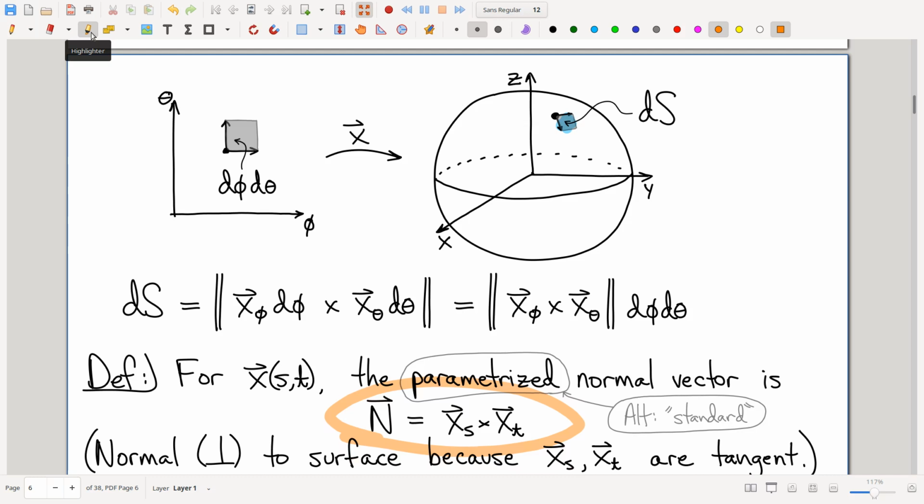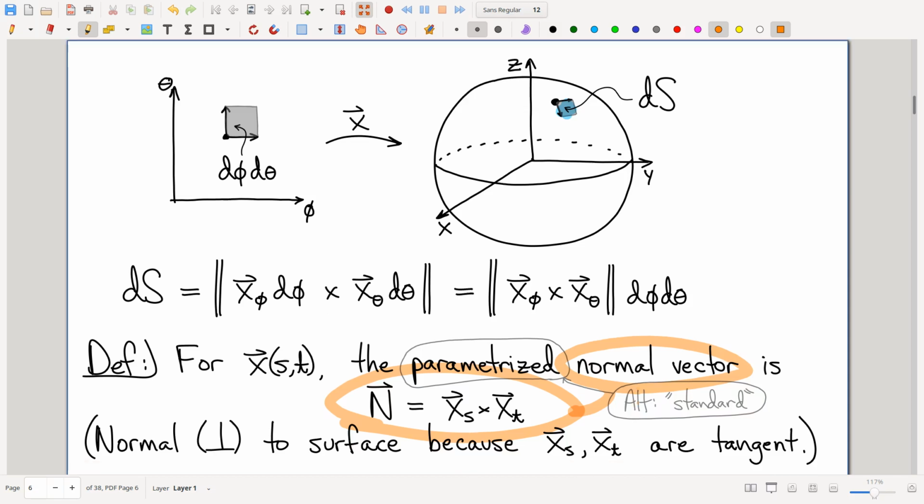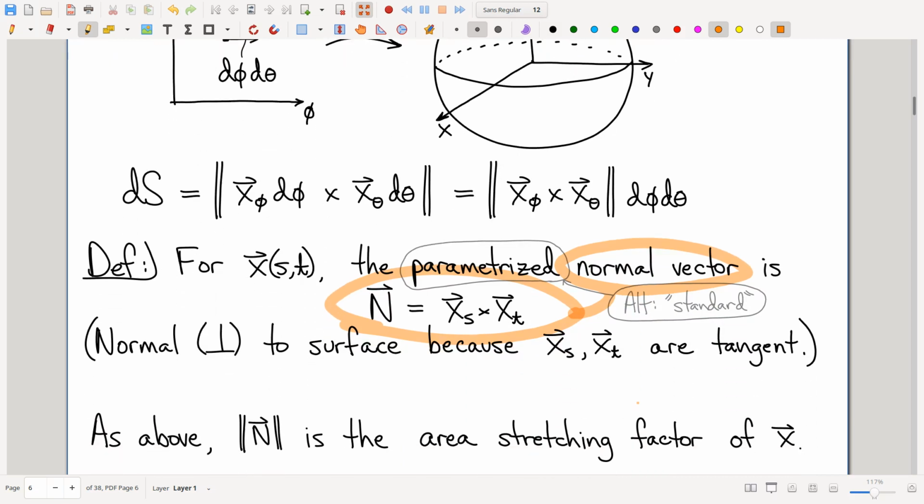So these are tangent vectors, and the cross product of two tangent vectors is going to be a normal vector. So I think that's a pretty reasonable thing. This is a normal vector. Now, it's not a unit normal vector, but the magnitude does matter because capital N is explicitly this formula. The magnitude needs to be whatever it is.